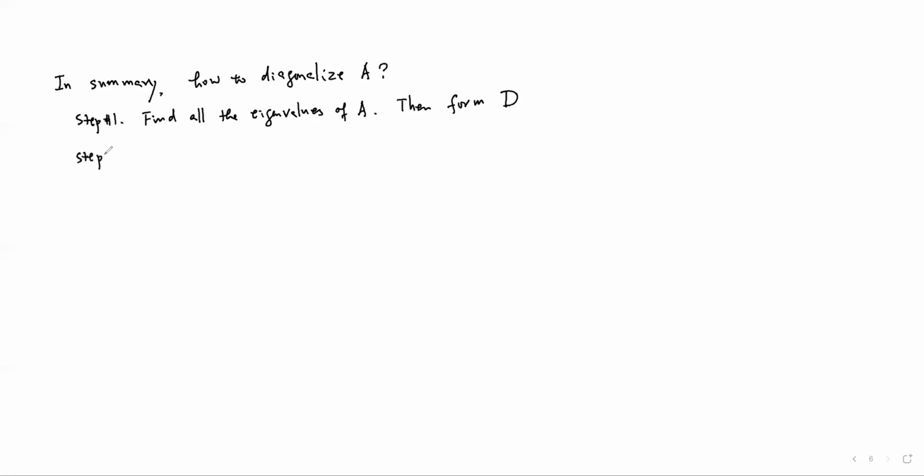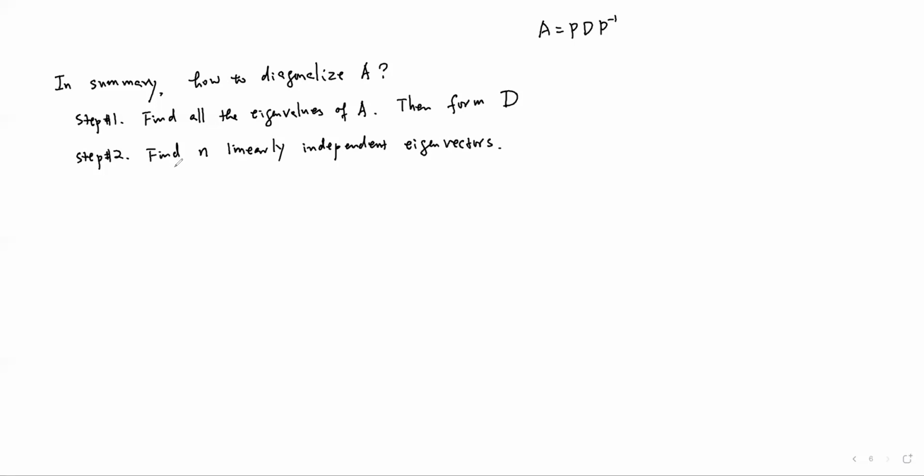Step 2: find a matrix P such that A is equal to P D P inverse. Matrix D is n by n, and all the columns of P are linearly independent. So find n linearly independent eigenvectors.